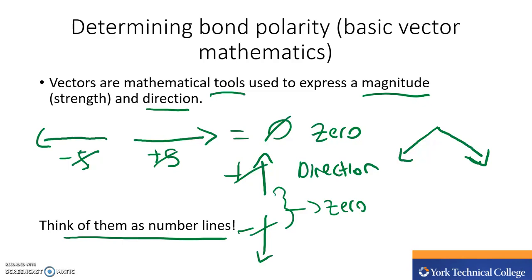Let's think of this one as a southwest direction, and this one as a southeast direction. These vectors can be added together, so let's add them. What happens is that you draw a parallelogram, and the sum of the vectors is in the middle. So it's right here.